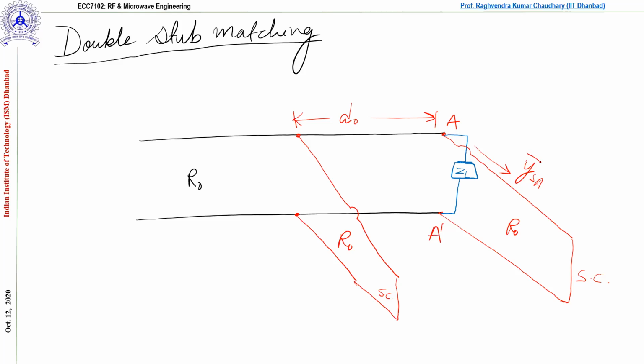From this side, let us say Ysb bar, the admittance of the second stub, and from this point onwards this is Yb bar. This whole combination, this one and this one, can be seen at this point, which we mark as Ysa bar.